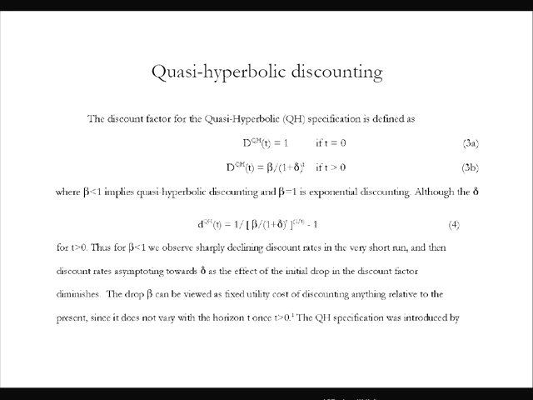And the difference between the exponential function and the quasi-hyperbolic function is that you just replace 1 by this beta parameter up here. If beta is equal to 1, then you're back to the exponential function. If it's less than 1, then the implied discount rate falls over time, and then you have hyperbolic discounting. And it's been used quite a lot.